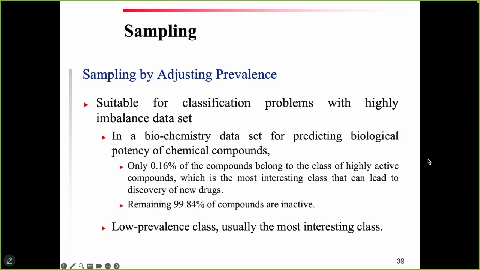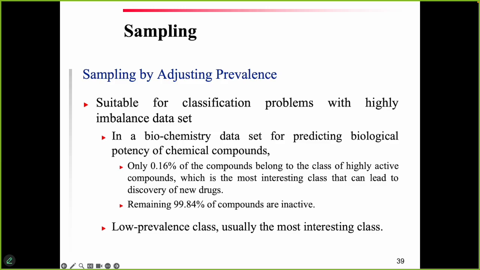Look at this example. In a biochemistry data set for predicting biological potency of chemical compounds, only 0.1% of the compounds belong to the class of highly active compounds, which is the most interesting class. If that's the case, can you do just simple random sampling?